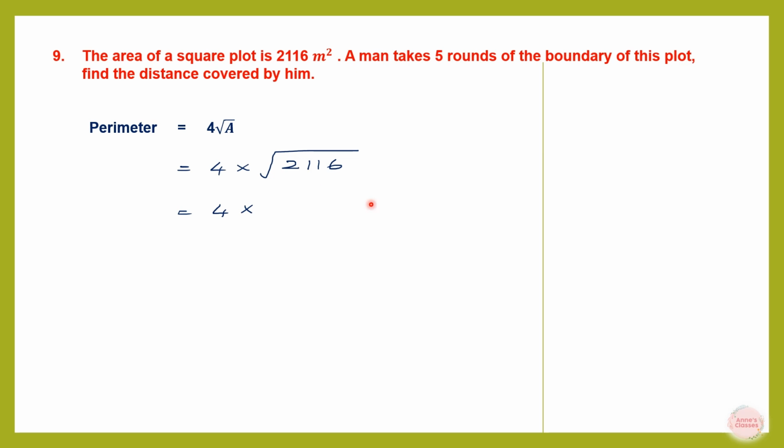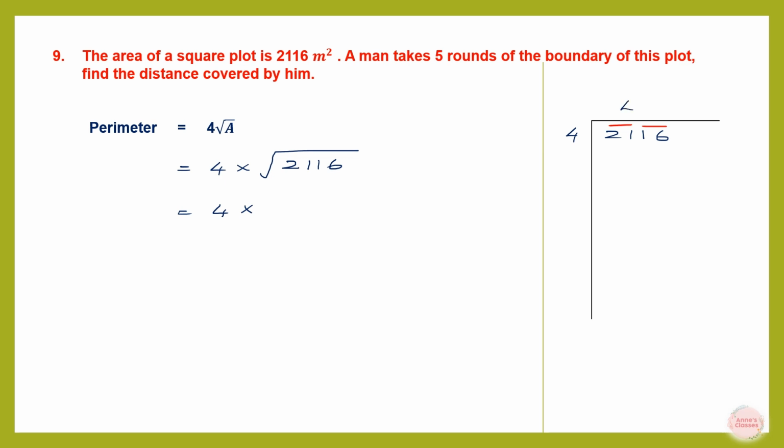So this is 4 into, now we have to find the square root of 2116. So let's find that. So let's write down the number. We are doing the division method to find the square root of 2116. Let's pair it from right to left. We have one pair there and the other pair is 21. Now think of a number whose square will give you a number close to 21. Now you have 4 4s are 16, 5 5s are 25. You can't write 5 5s. So let's write 4 4s are 16.